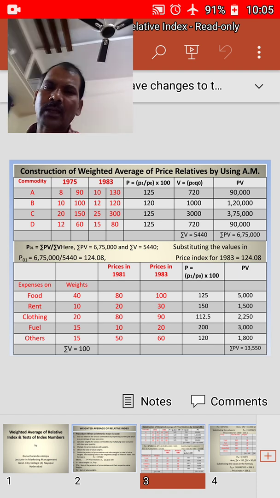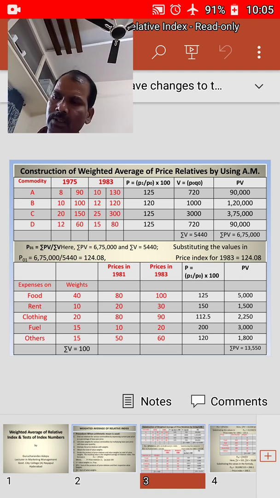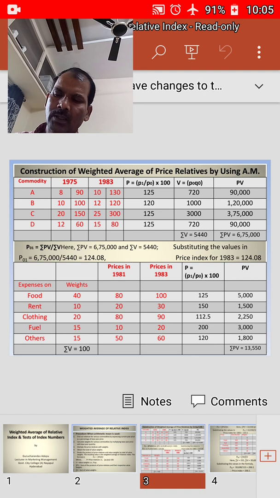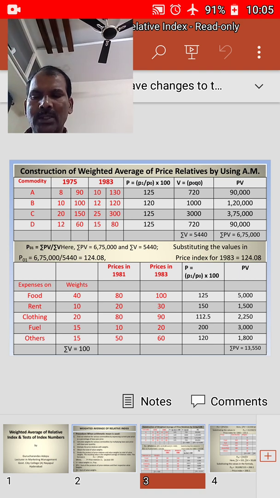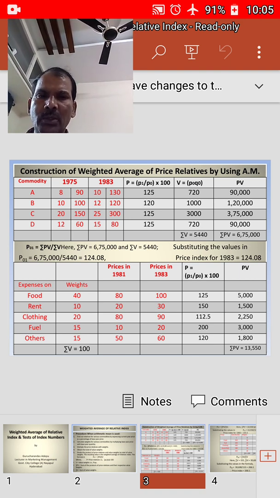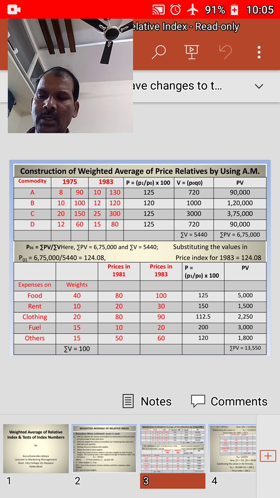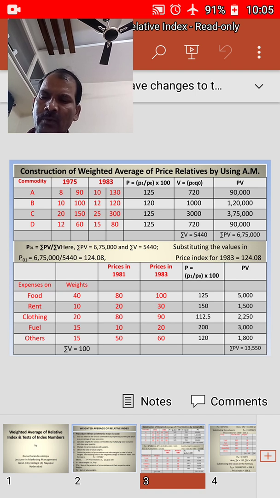Next we will consider another problem for the better understanding of this weighted average of relative index by arithmetic mean. An inquiry into the budget of middle class families in a village gave the information, that is expenses on food, rent, clothing, fuel, others are given, and that is also expenses given in the form of weights.